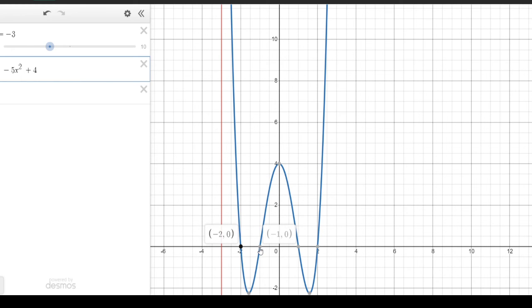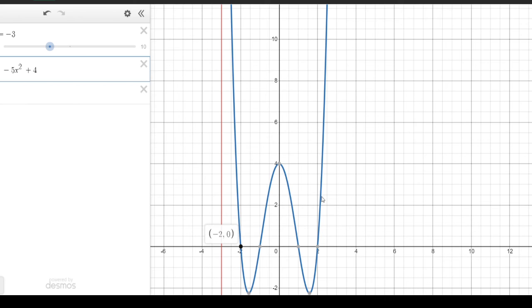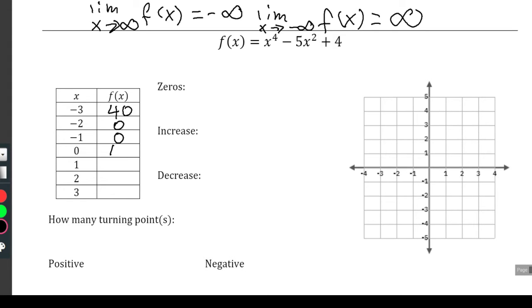When it's -1, it's also 0. When we have x equals 0, our y is 4. And to speed this up, it's actually symmetric along the y-axis. So those are our points.